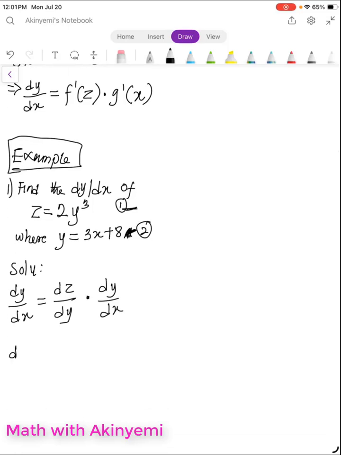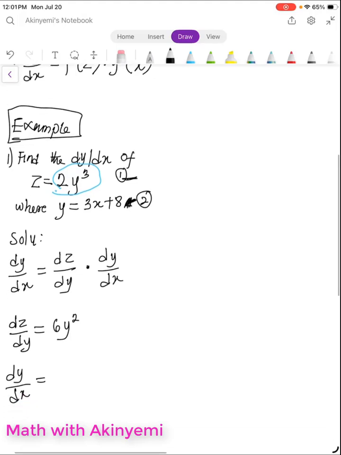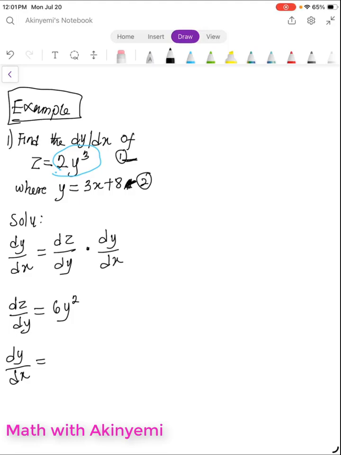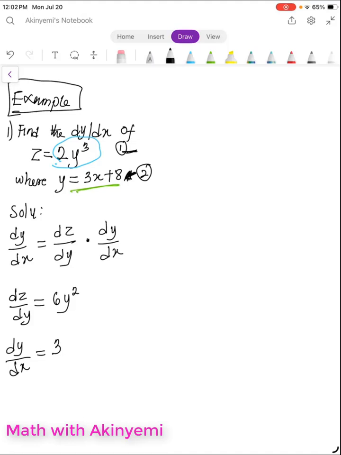So we can now say our dz over dy, when we differentiate this, is going to be 2 times 3, that is 6y, 3 minus 1, which is 2. And our dy over dx, we are differentiating this now, so 3x, differentiation of 3x is what? 3. Don't forget.